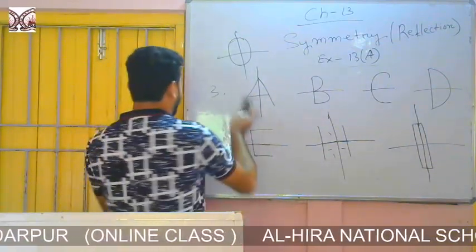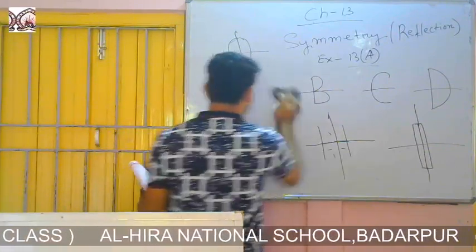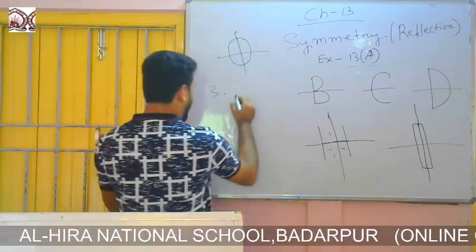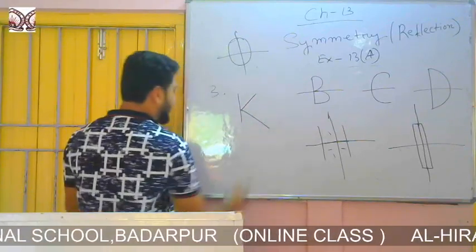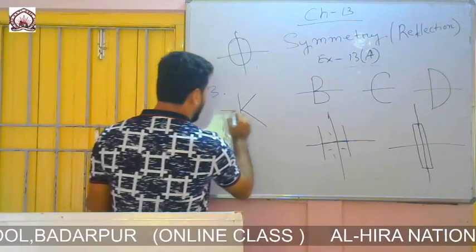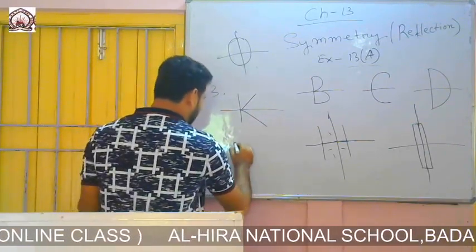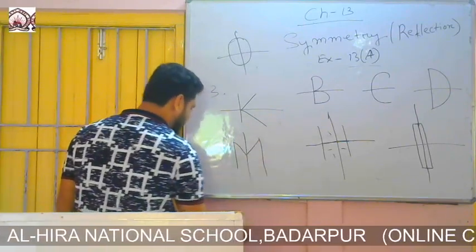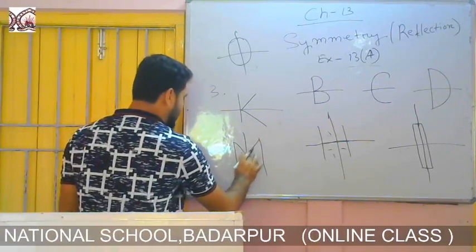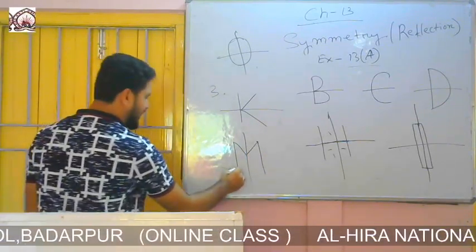Okay, now remain K. You see K I can divide like this horizontally. Okay, after that M already I have shown. M I can divide like this. Okay, and this part and this part will be the same.